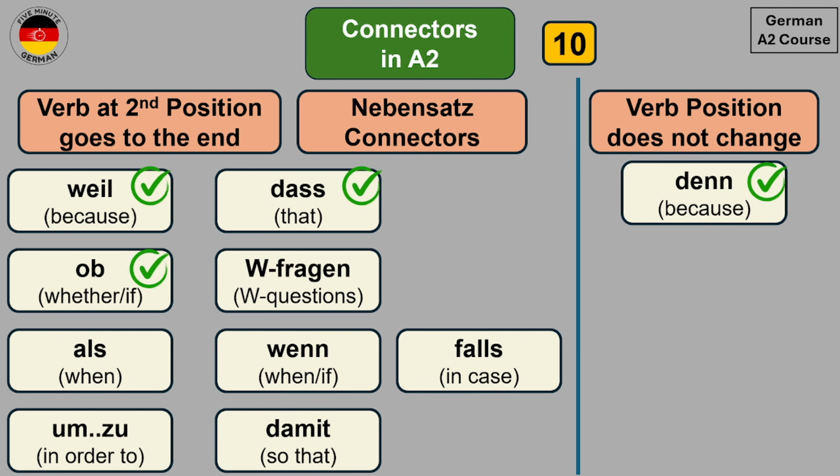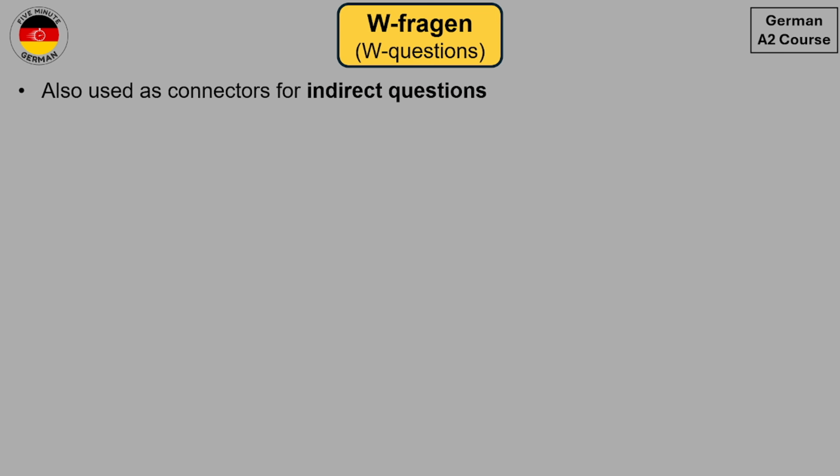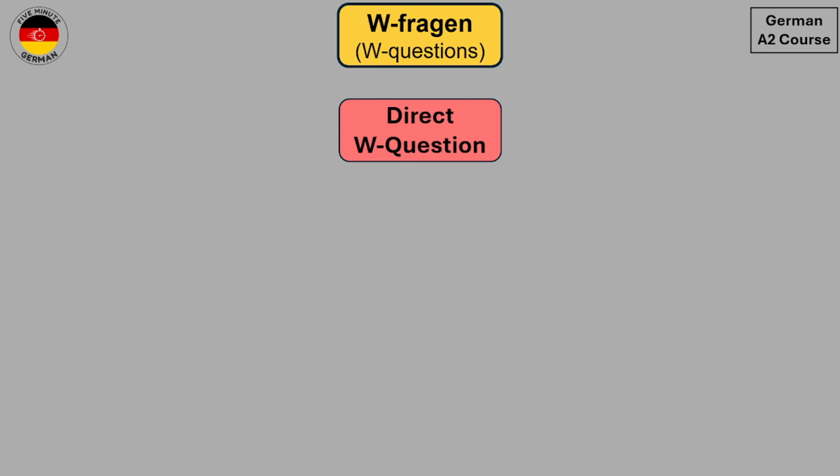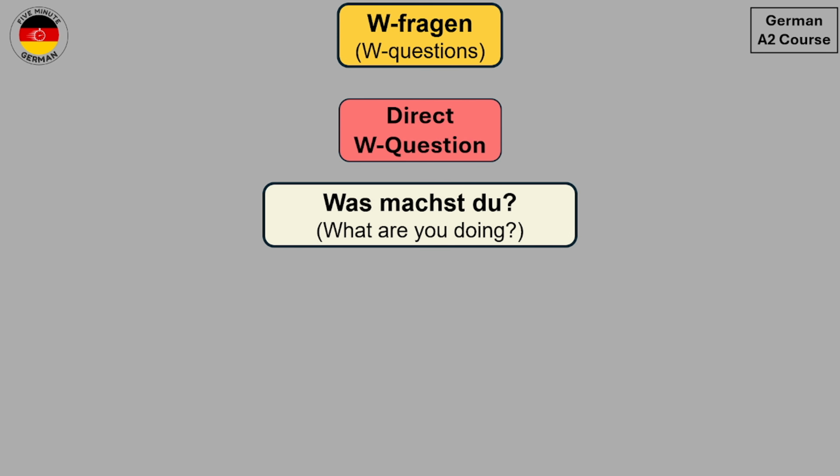Now let's take a look at the next connector, which are W-Fragen, and these can also be used as connectors for indirect questions. So we have already seen the important W-Fragen in A1. Now let's see how we can make indirect W-Fragen, in which the W word is used as a connector. So a direct W question can be Was machst du?, which means what are you doing.